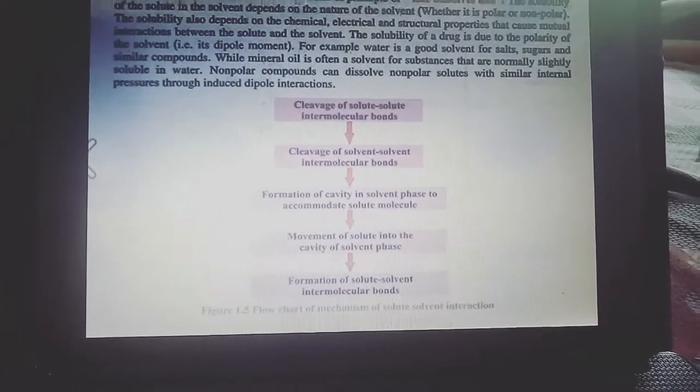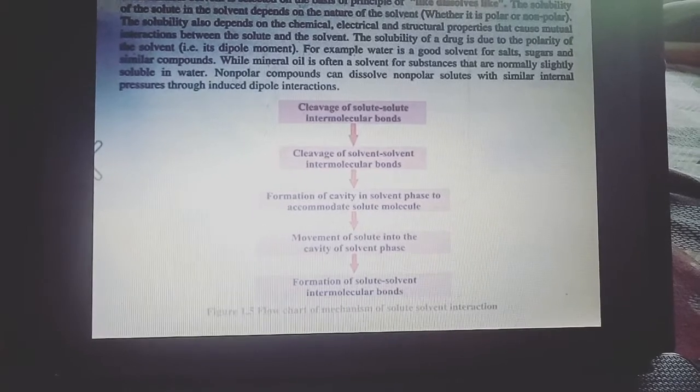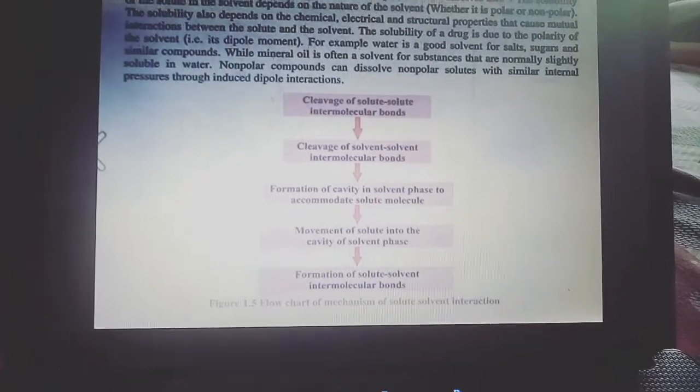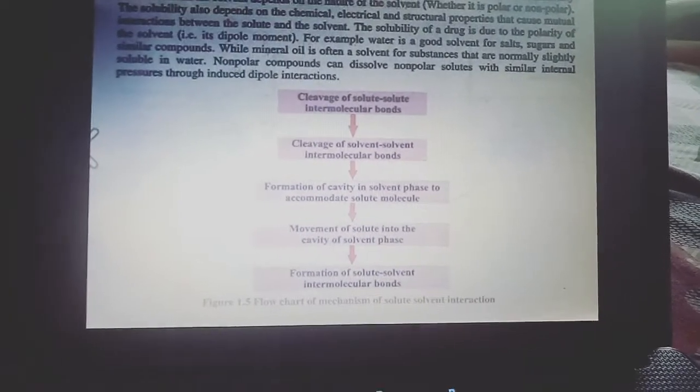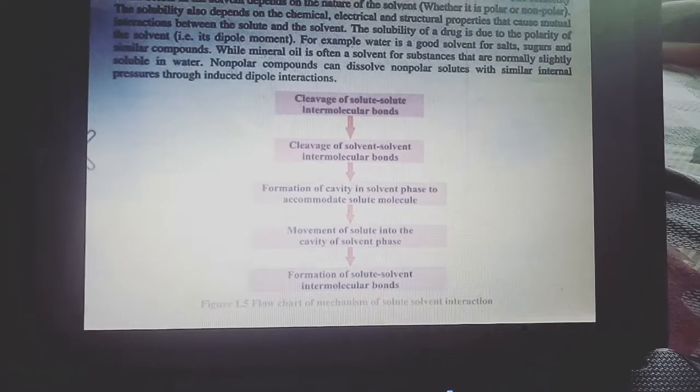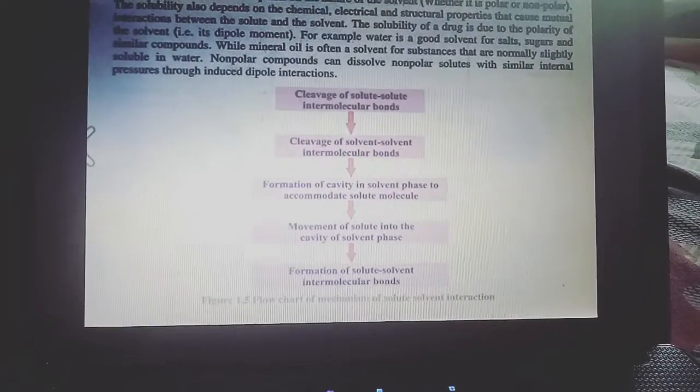For example, this is a flow chart which explains the mechanism of solute solvent interaction, that is, what are the various interactions between the solute and the solvent during the solubility process.